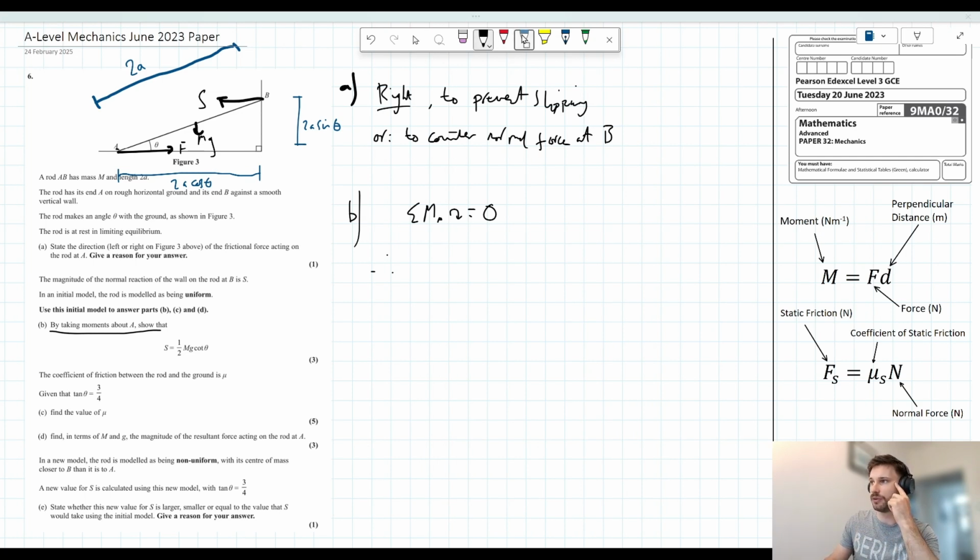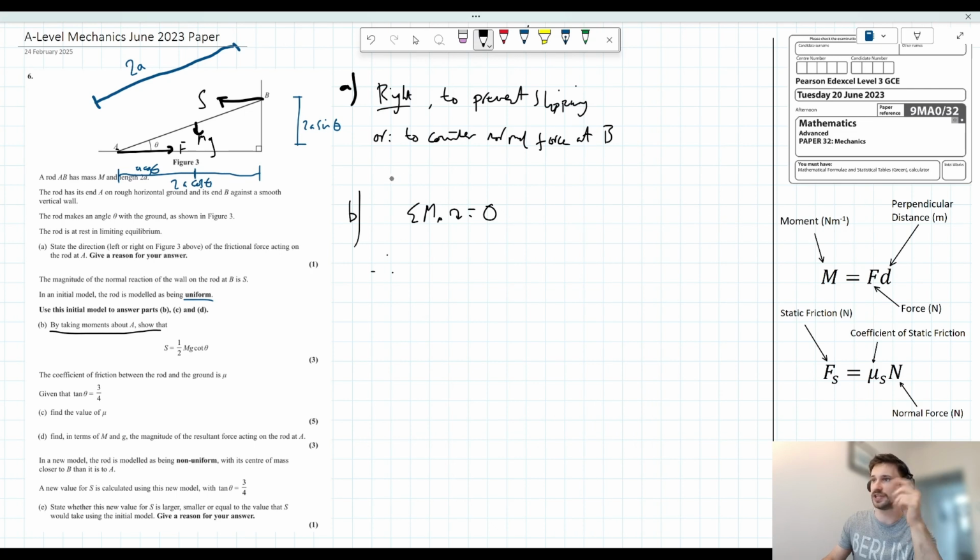Since we're taking this length as 2a cos theta, we can take the midpoint here, assuming this is a uniform rod. I don't know if it states that in the problem, but it's a sensible thing to assume. This length here must be a cos theta, since this entire length is 2a cos theta. Let's add that in there, a cos theta.